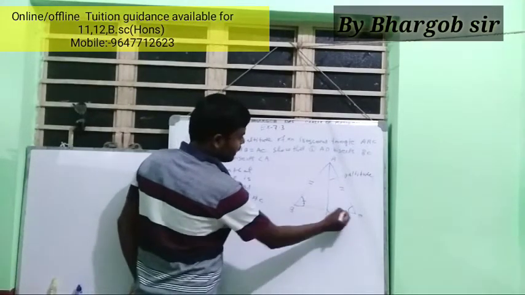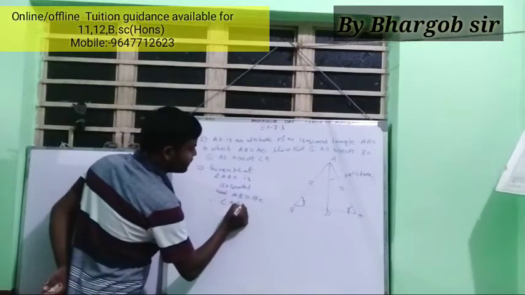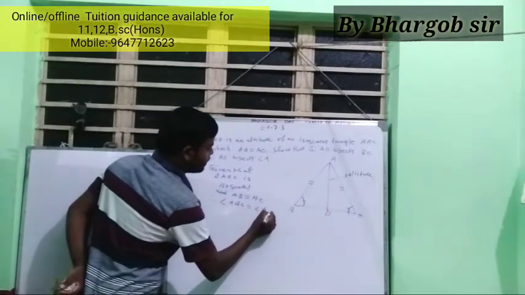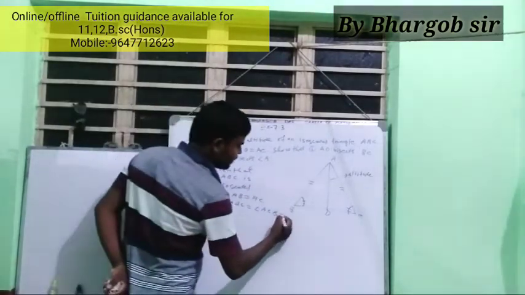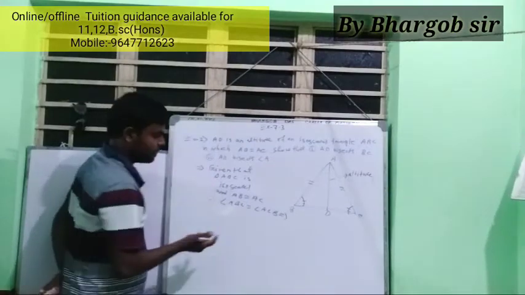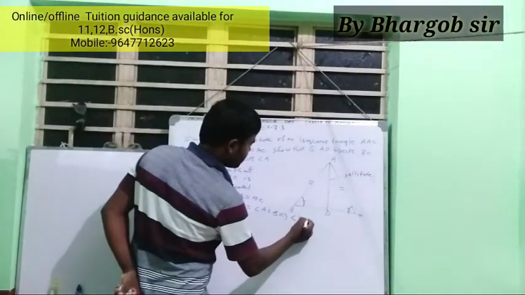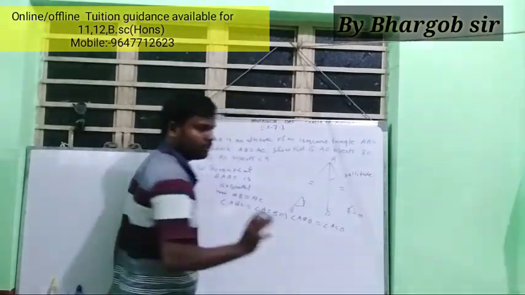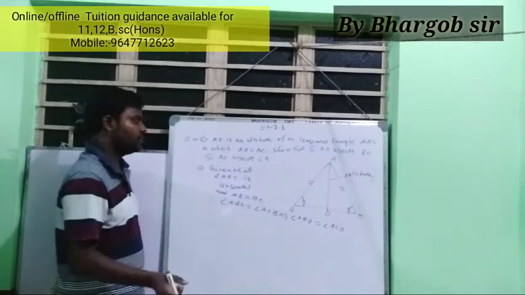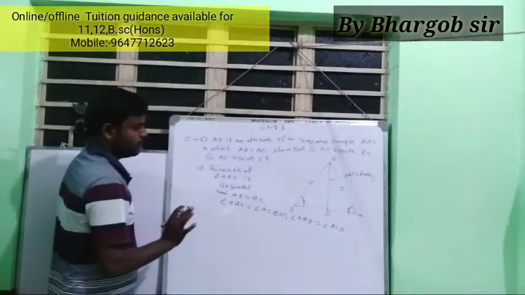So angle ABC equal to angle ACB. We write here that angle ABD equal to angle ACD, because we proved this. Okay, so this is complete.